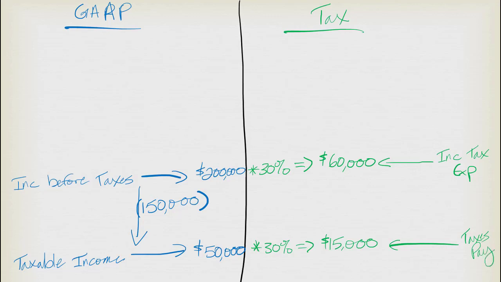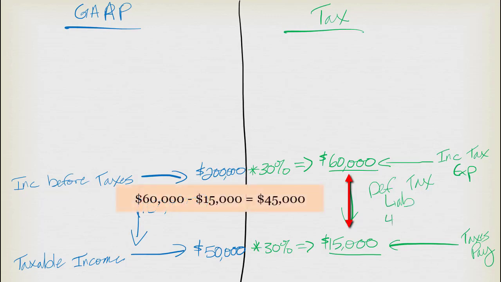It's what I actually owe or have paid to the government. Now I look at those two numbers, that difference is my deferred tax. And in this case, since my payable is lower than my expense, I have a deferred tax liability of $45,000.